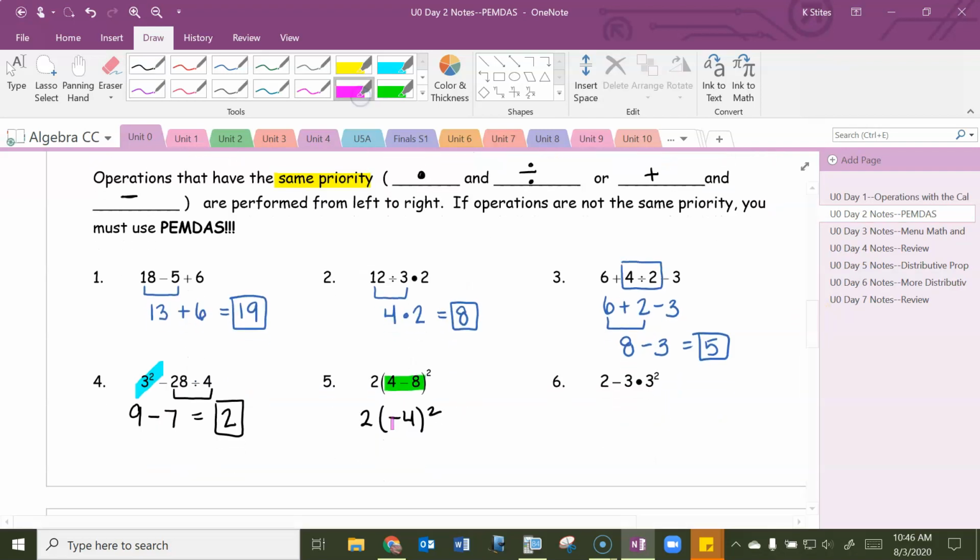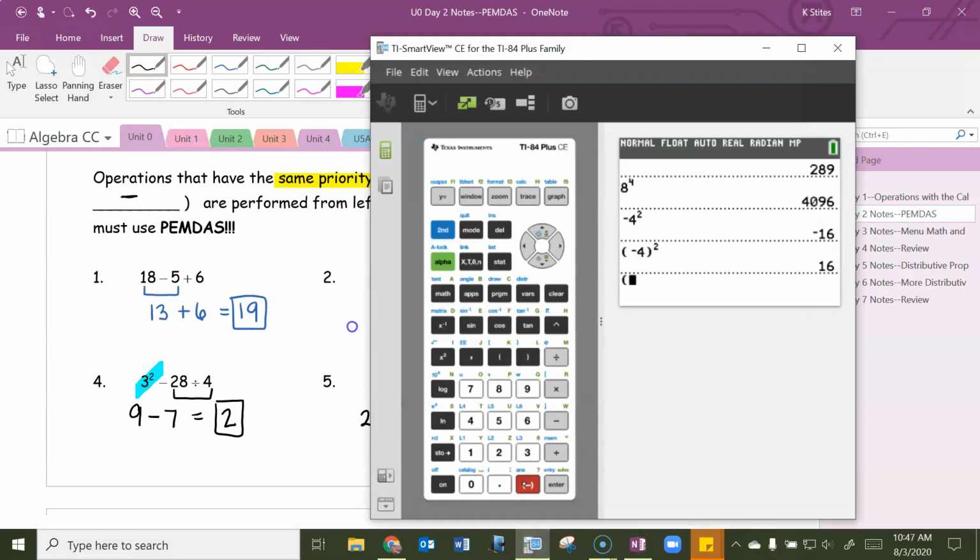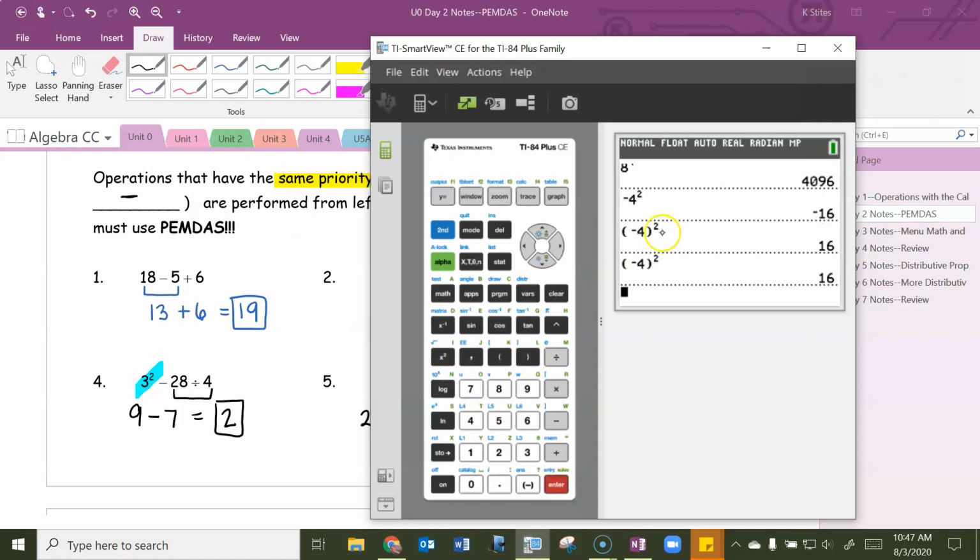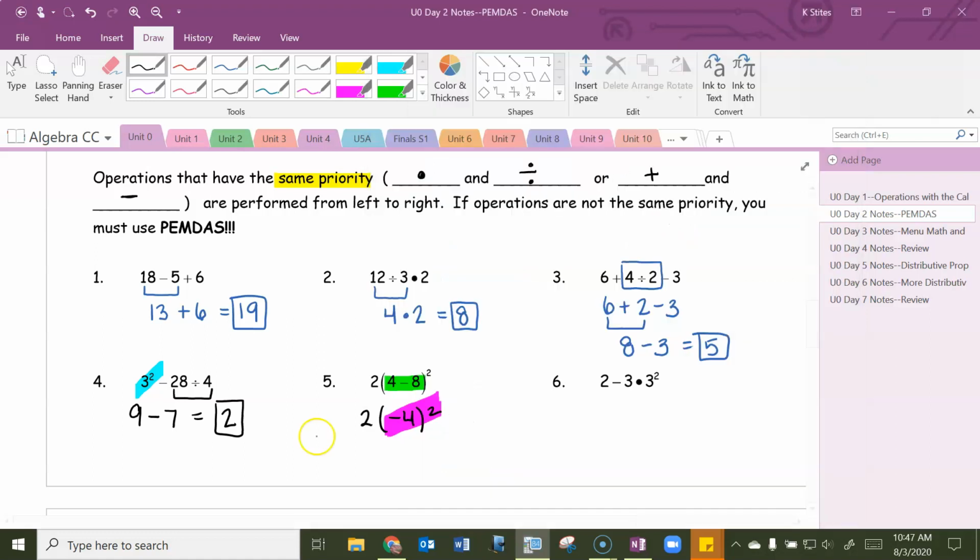And remember, this has parentheses, so be careful when you type this into your calculator. It is going to be a negative 4 squared, which is a positive 16. And then multiply by 2, which is 32.